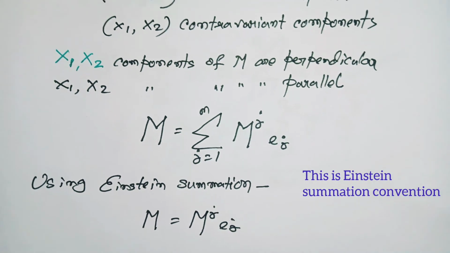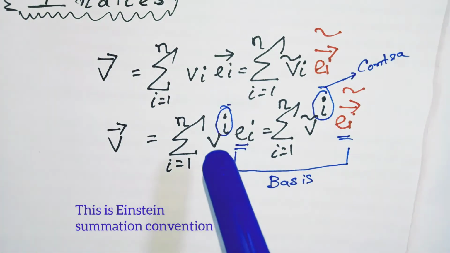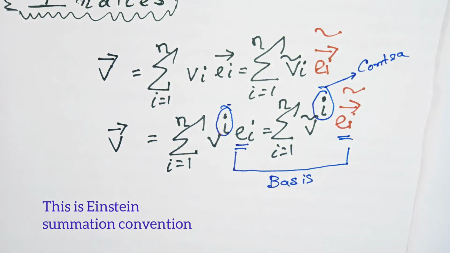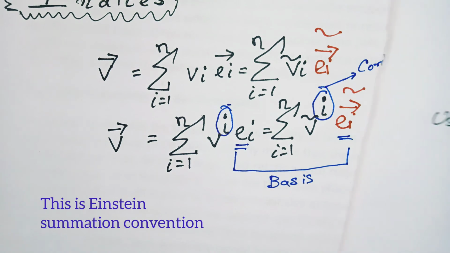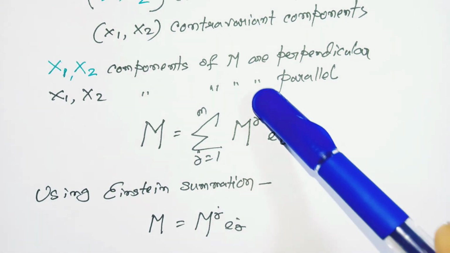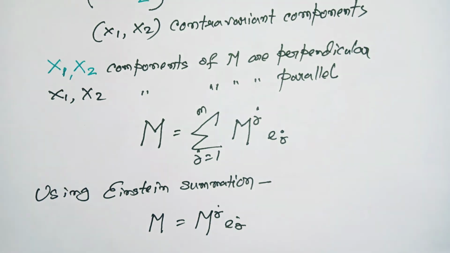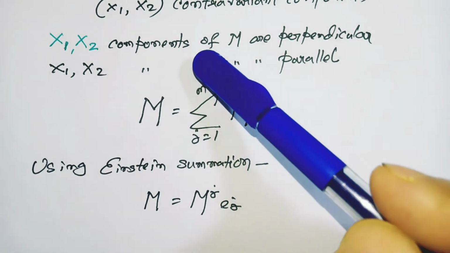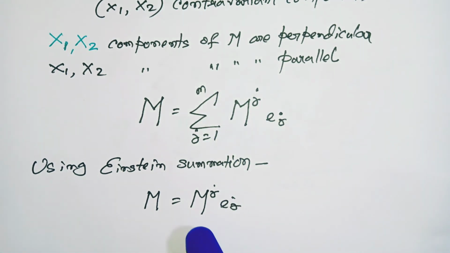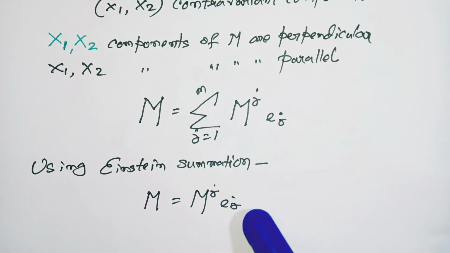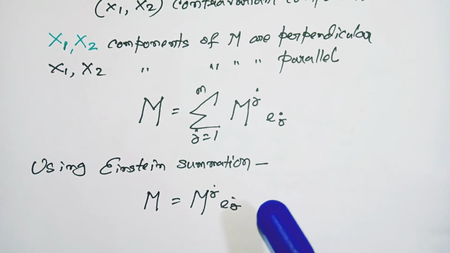Why I try to show you this part is because I have shown you how the contravariant indices go on the top and the basis remains at the bottom, and here also it is the same. So we are using mj on the top and ej at the bottom, and using Einstein summation convention, we are omitting the sigma part and just writing mj. That means it is the contra, ej is the basis vectors which will remain at the bottom.